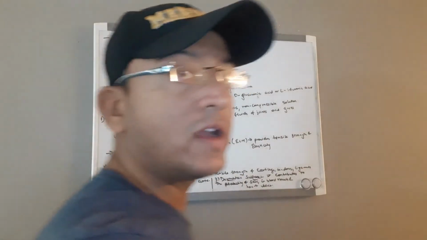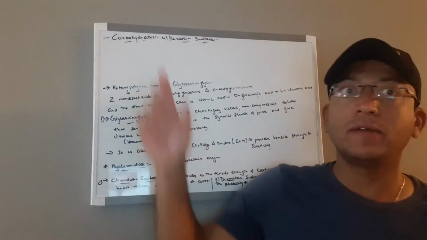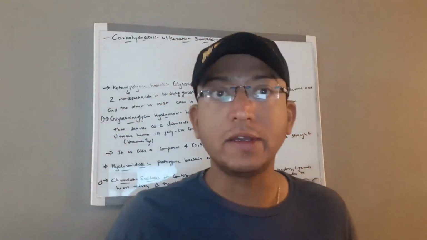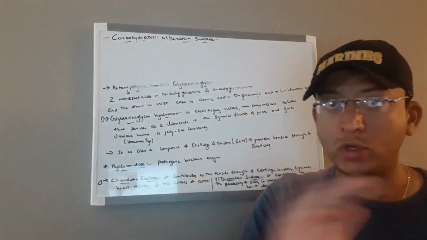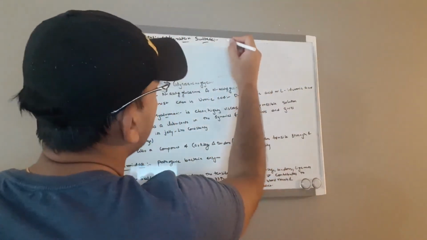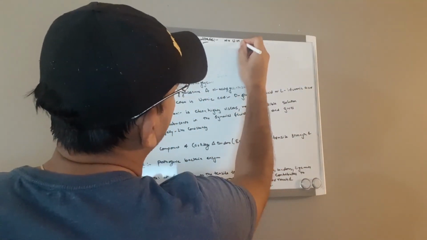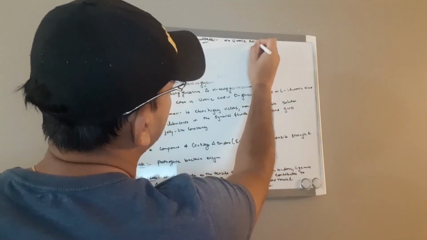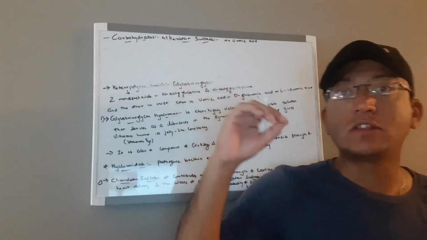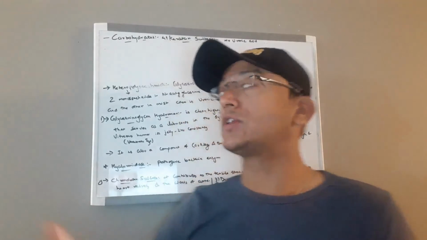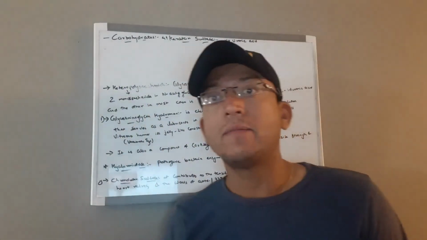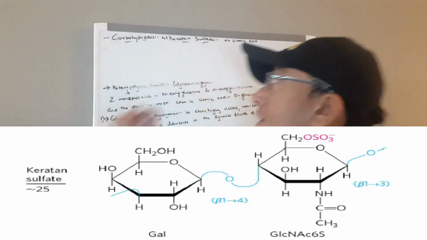Keratan sulfate. Keras means horn in Greek. So this does not have uronic acid. You know what uronic acid means? It contains carboxylic and carbonyl groups as well. So when you see the structure on your screen, that's for the keratan sulfate.